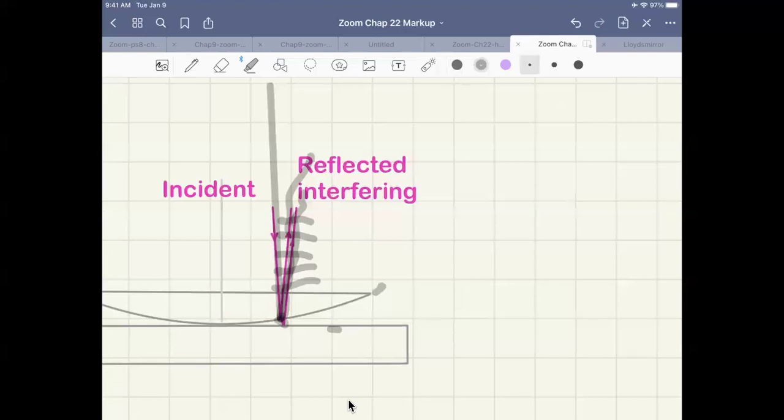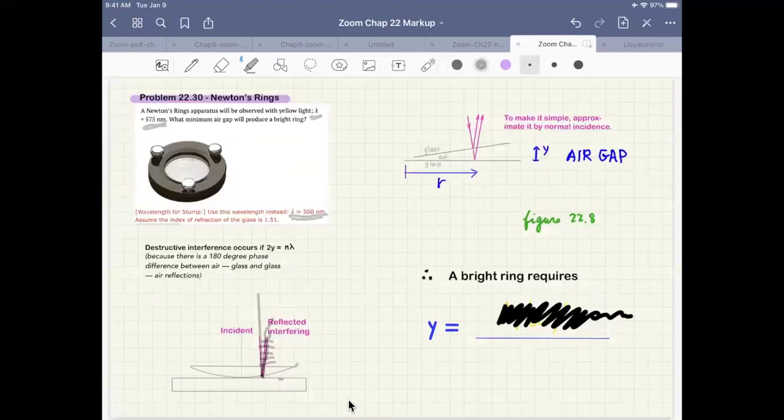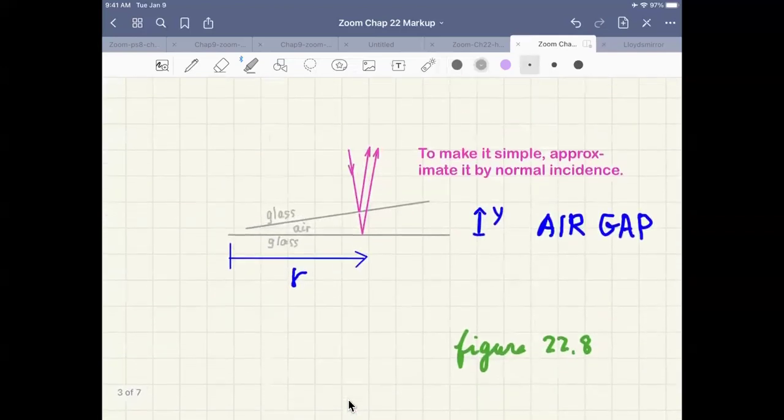And since they went different distances, they have shifted whether they're in phase or out of phase. They've shifted the position of their maxima and minima, their waves and crests. So here it's drawn again.